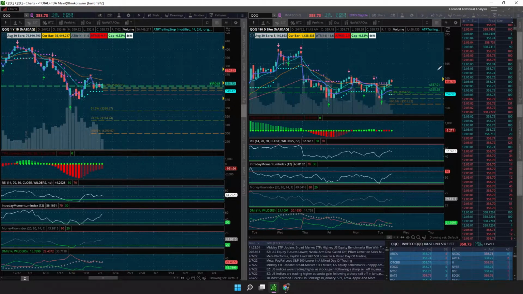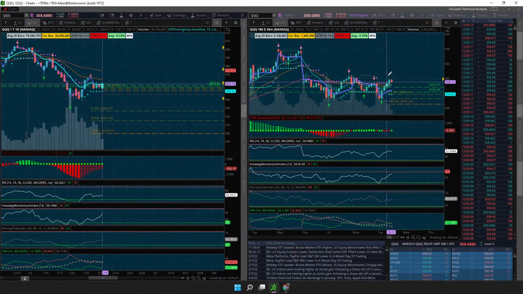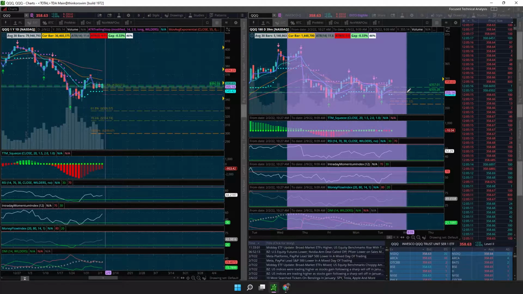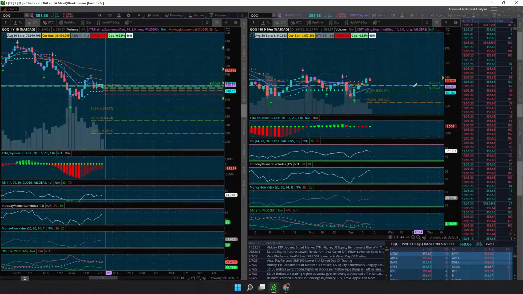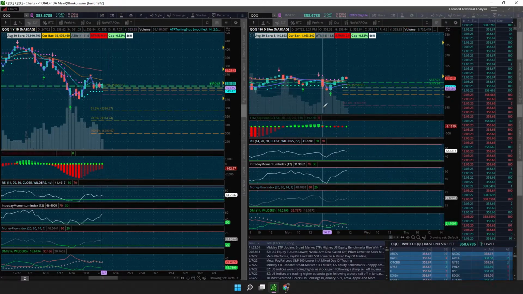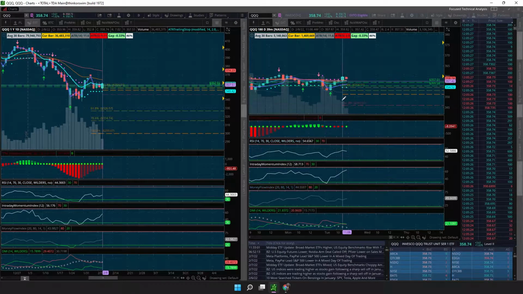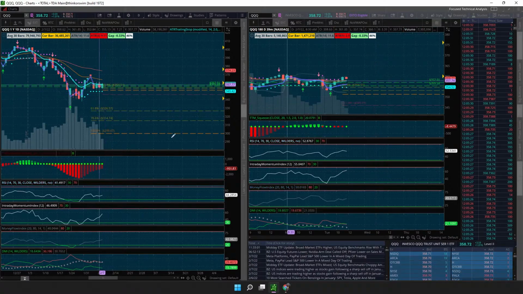So if we were to get a breakdown now, if we don't get over the 360 on QQQ, which kind of looks like it maybe wants to reject a little bit here. I haven't looked at this closely enough to call anything out, but if this were to reject here, we could see a move down potentially, if we get a really aggressive sell-off, to 345, 346.